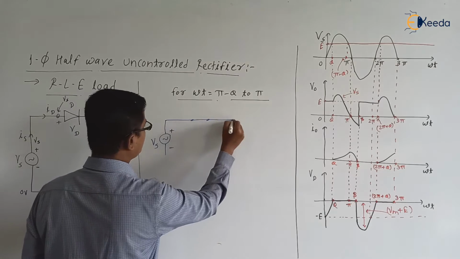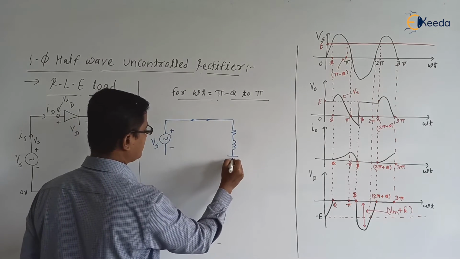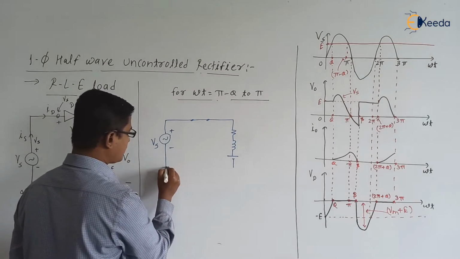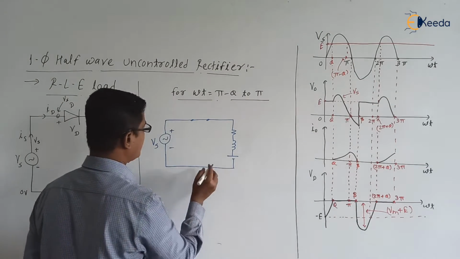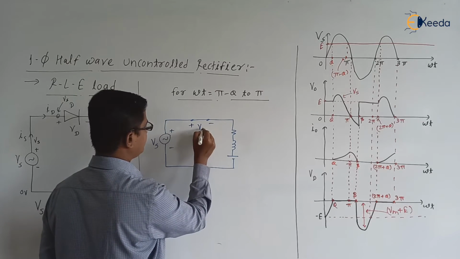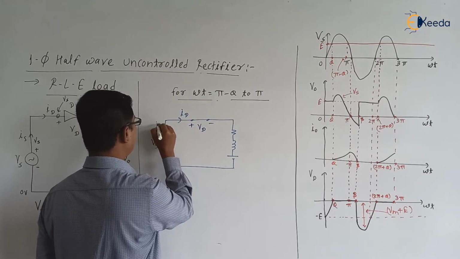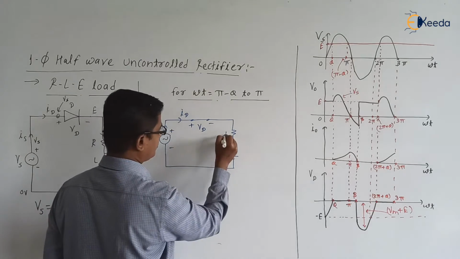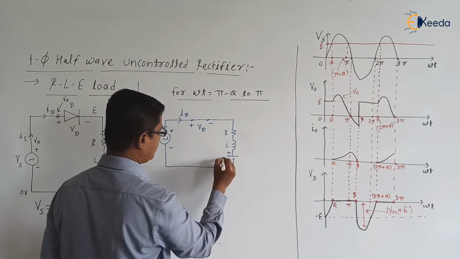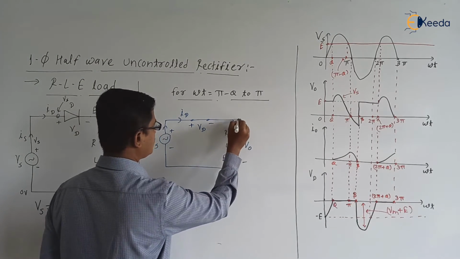Next, if you check the waveform of I0 at omega t equal to pi minus theta, the current flowing through the inductor is a non-zero value, right? R, L and E. This is V0, this is I0.